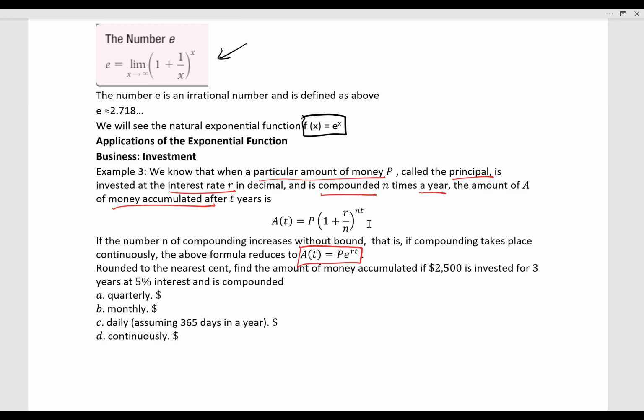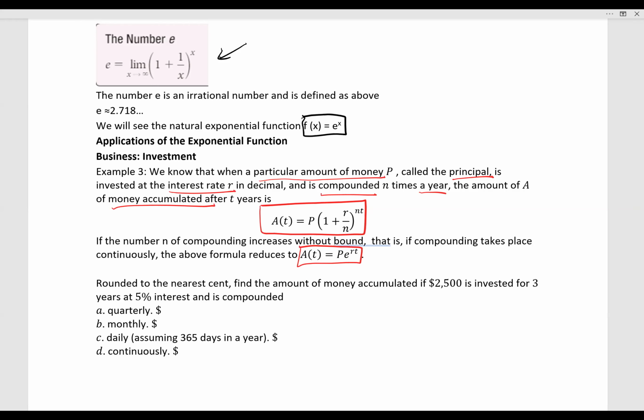A and P are going to be similar in notation to the other formula. But the thing here is how and when can you apply each form? So let's do this example.